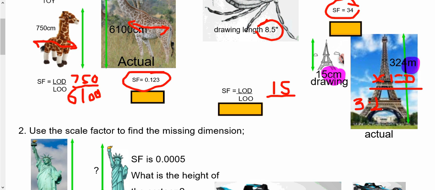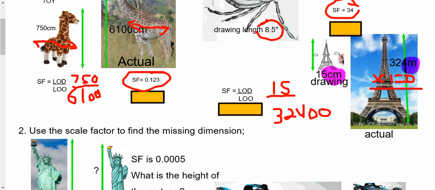Okay, back to here. Good. So I'm going to take 324 times 100, and I'm going to get 32,400. That's 32,400 centimeters.